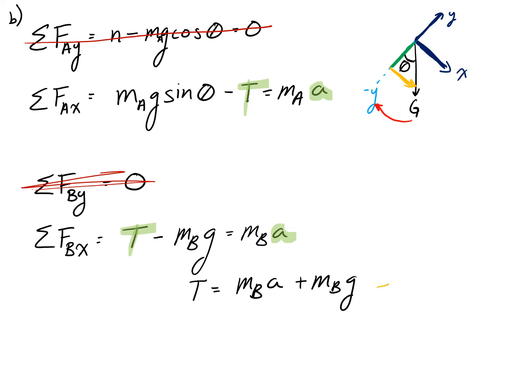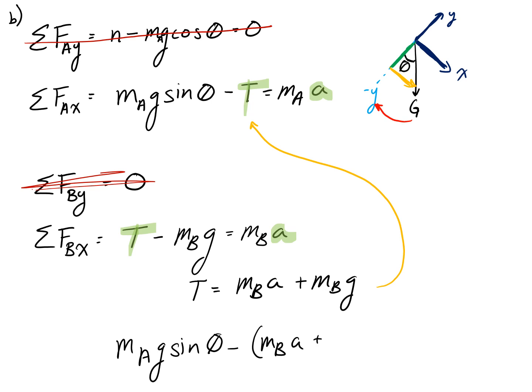Now I'm going to take this and plug it into here. So I'm going to have MAG sine theta minus MBA plus MBG equals MAA.